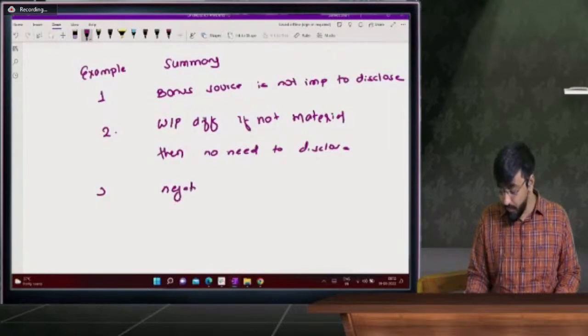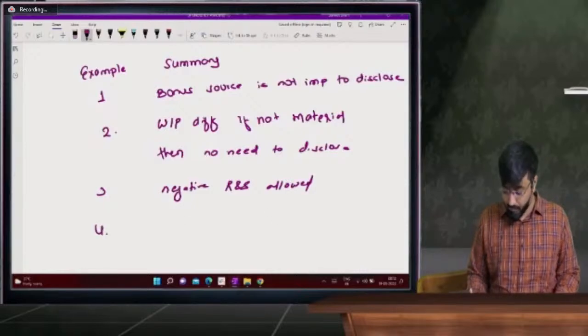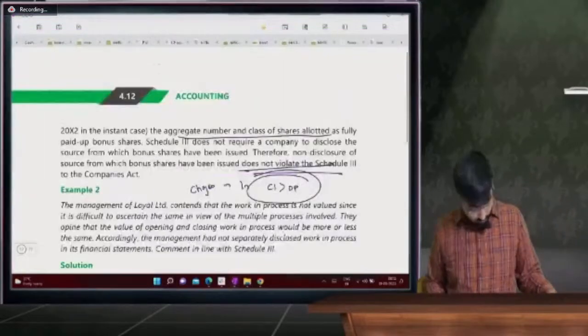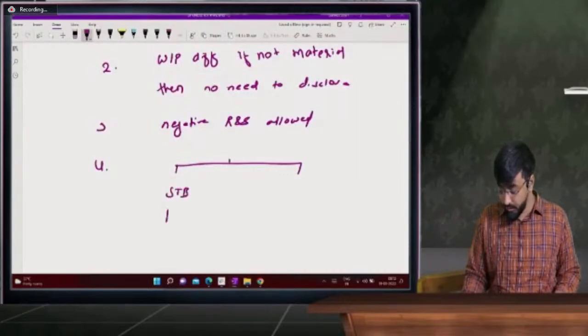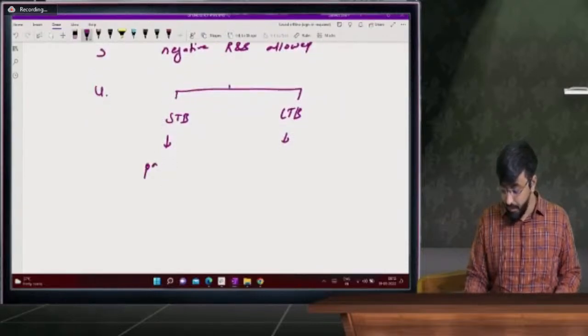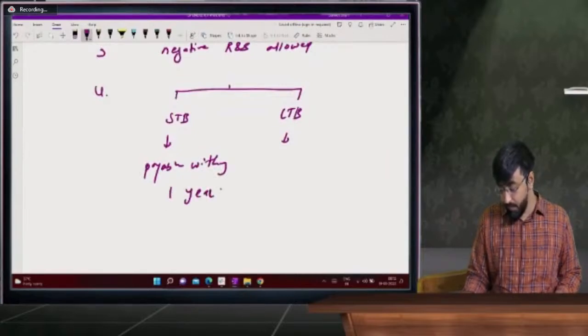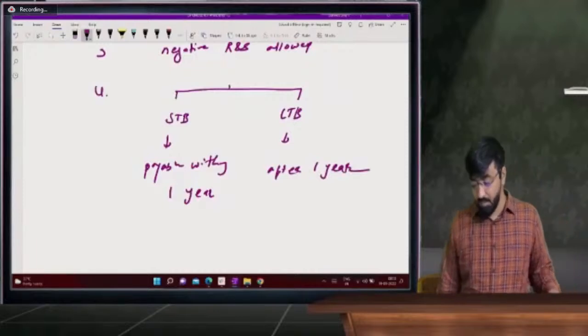Negative reserves and surplus allowed. And the fourth one: short-term borrowings, long-term borrowings, payable within 1 year, after 1 year.